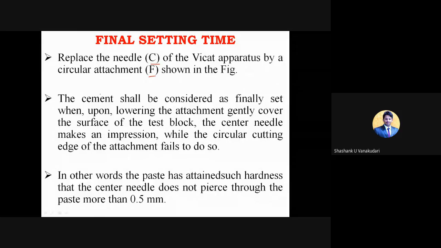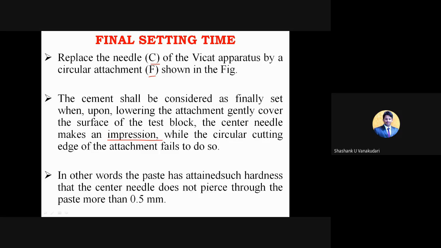And cement shall be considered as finally set when, upon lowering the attachment gently to cover the surface of the test block, the center needle makes an impression while the circular cutting edge of the attachment fails to do so. It means that impression should not be available.